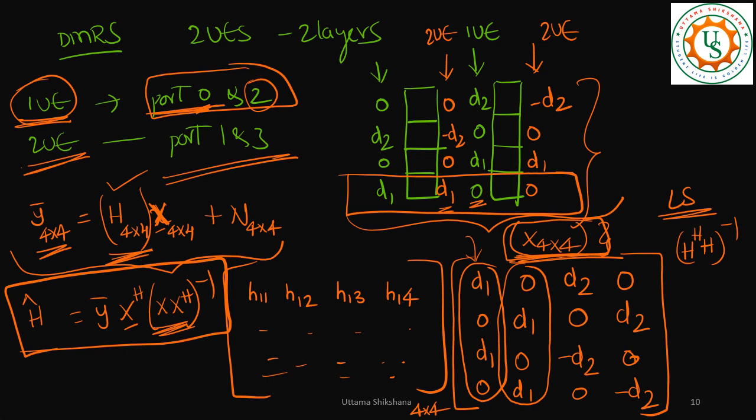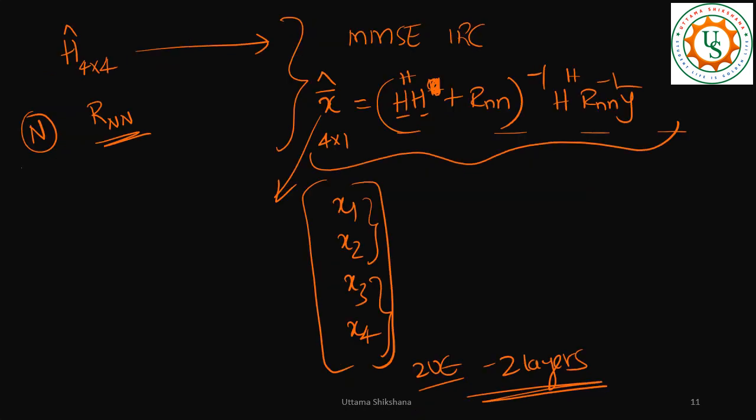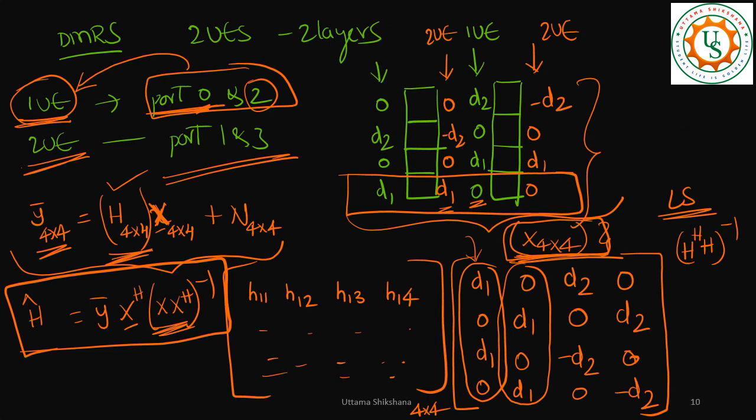Since we arrange in a certain way based on these ports, and we know which ports are allocated to which UEs, we will know that the first two belong to the first UE, and that x1 belongs to layer 1, x2 belongs to layer 2. Similarly, x3, x4 belong to the second UE.